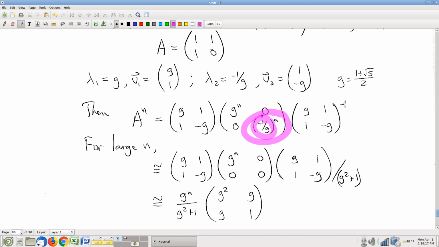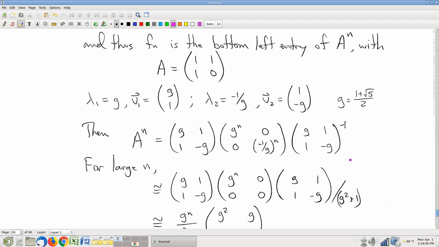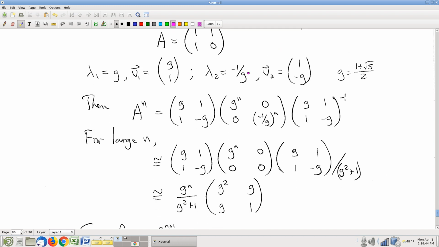It's round-off error. You can throw it away and not be off by much. Certainly there will be only one integer that's anywhere close to what you get when you round that off. So a good thing to do is just round it off, admit that you're finding an approximation, multiply all this out, and look at the bottom left entry as we previously discussed. And here's your formula for your nth Fibonacci number.